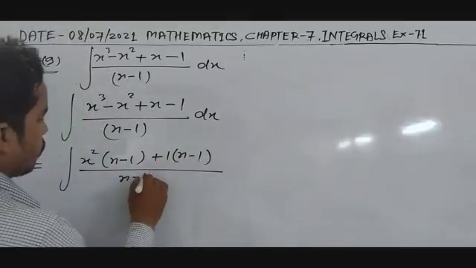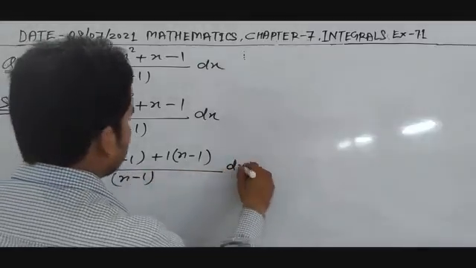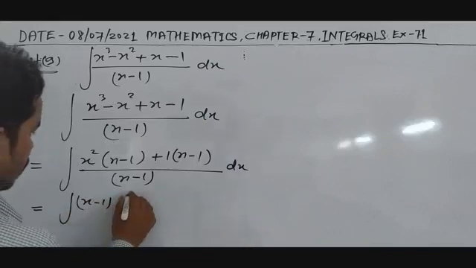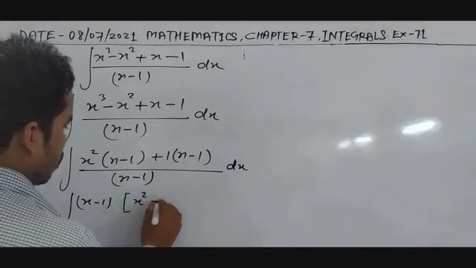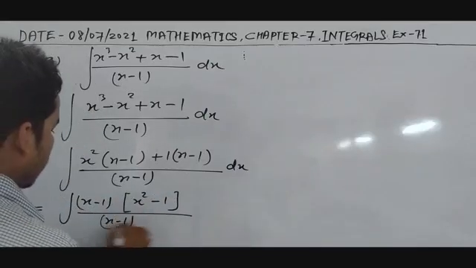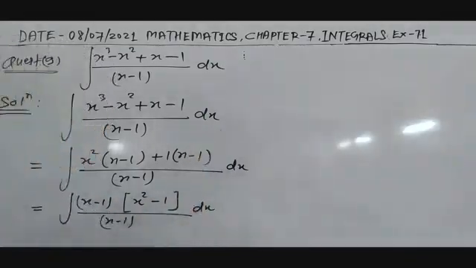So x minus 1 times dx, and when you will solve it, result you will get integration over x minus 1 is common, so x minus 1 in bracket x square plus 1 whole upon x minus 1 dx.